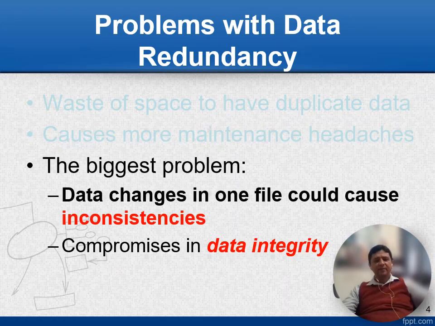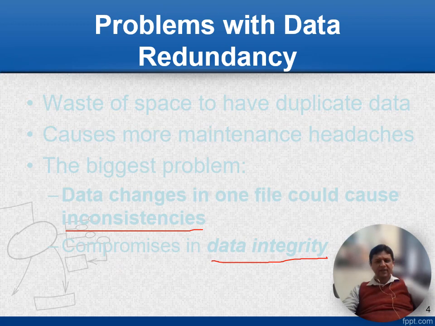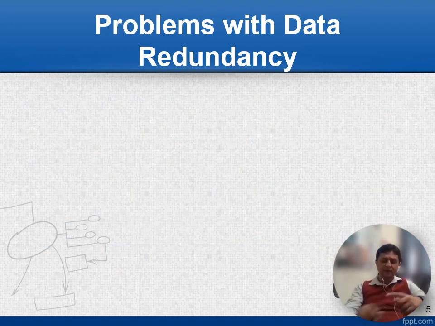And another biggest problem associated with the duplication of data is that we have to take care of inconsistency. And definitely inconsistency is related with data integrity. Whenever the consistency of a database is broken, the database integrity or the data integrity is broken. In order to understand this concept, let's try to understand it with the help of an example.